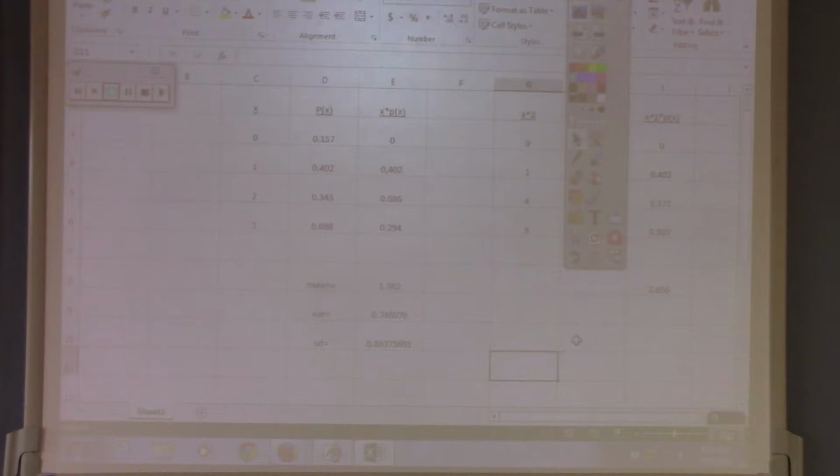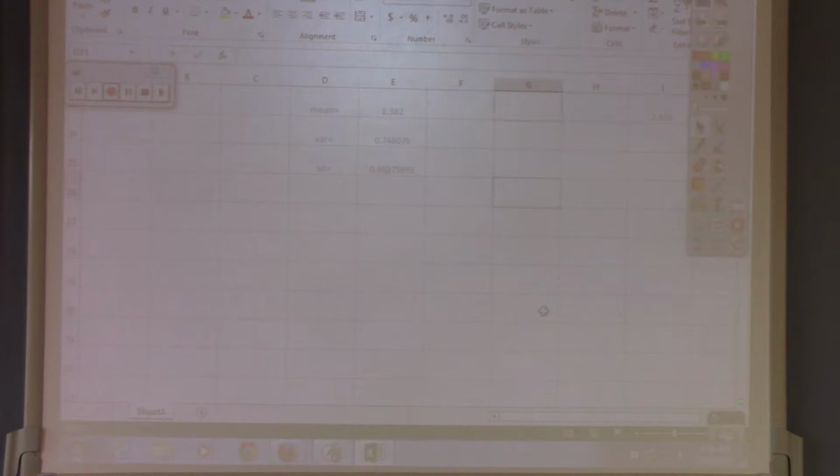Now, if I've got the mean and standard deviation, what can I make? The normal distribution curve. Let's do that. Let's go down here, and our mean is equal to this. And what's two to the right?